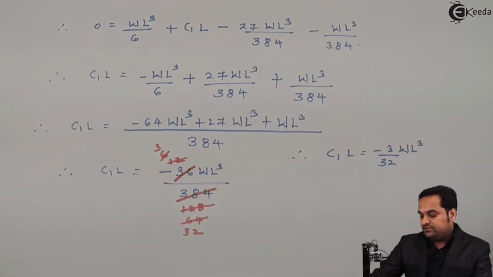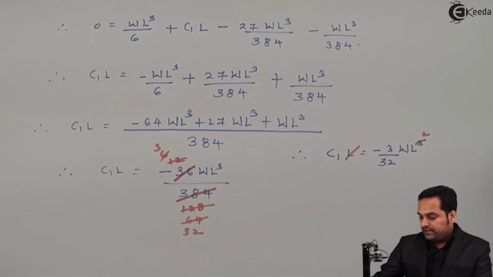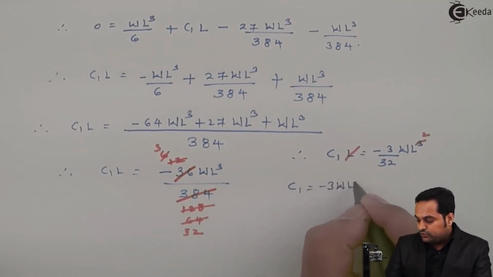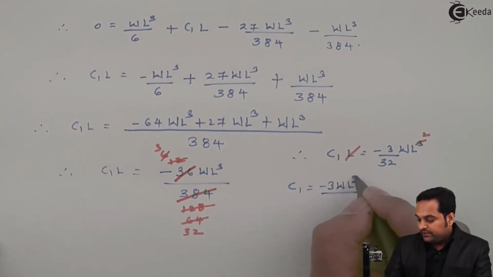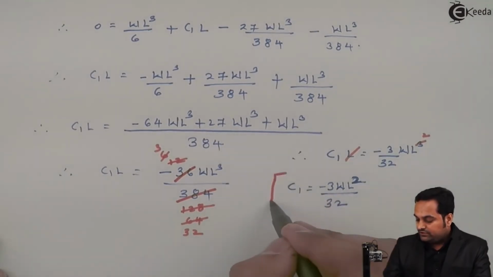From both the sides L and L will get cancelled. So I have C1 is equal to minus 3 WL square by 32. So this is the value of C1 which I am getting.